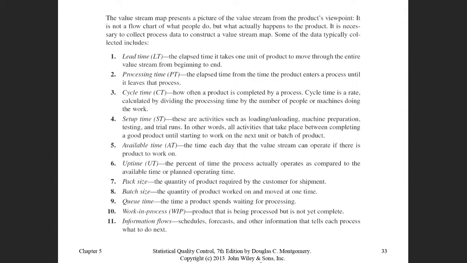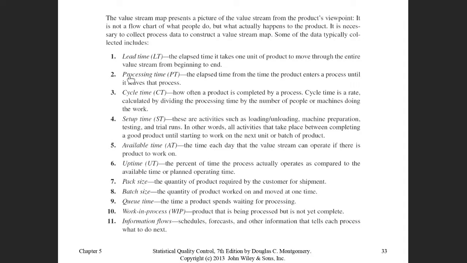Lead time is the time it takes for the unit to move through the entire system. This is usually an important metric to see the product from start to end, how much total time is needed.